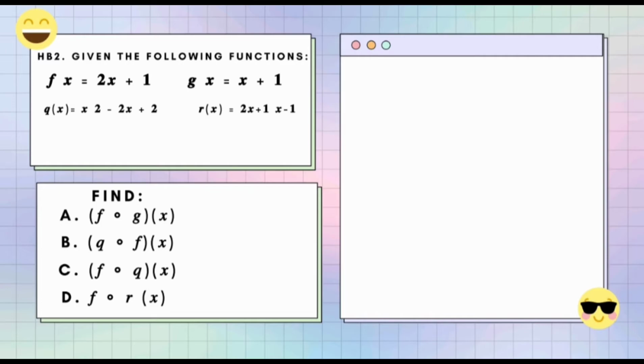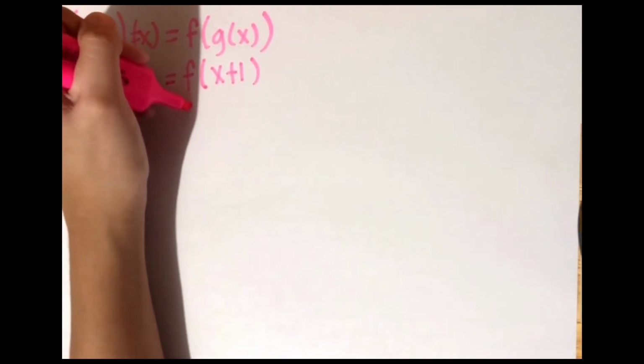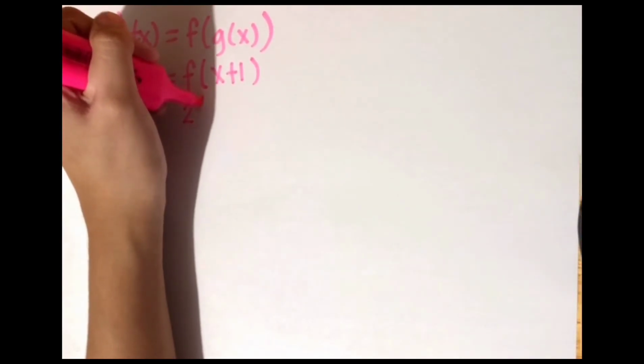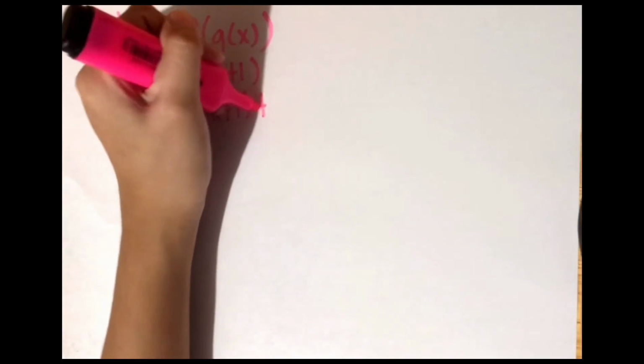Substitute x with x plus 1 in the function f of x that is equal to 2x plus 1. We'll have 2 times (x plus 1) plus 1.